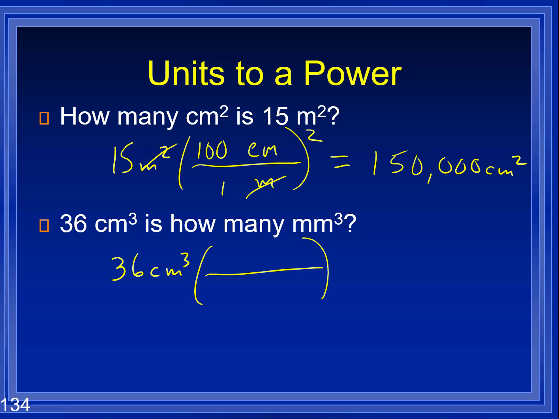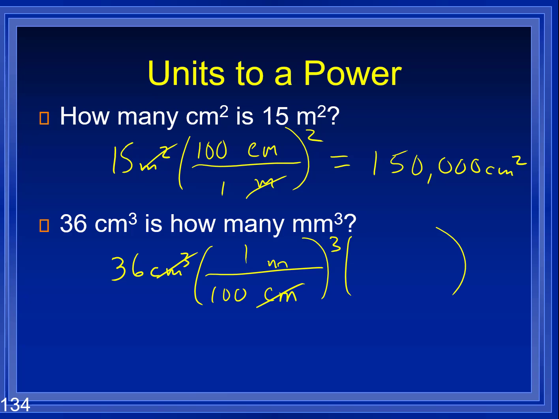Where's it got to go? On the bottom. What can I turn centimeters into? Meters. Which is bigger? Meters is bigger, so I got how many centimeters in a meter? 100 centimeters in a meter. And I have to cube that, so that'll cancel out my centimeters cubed.